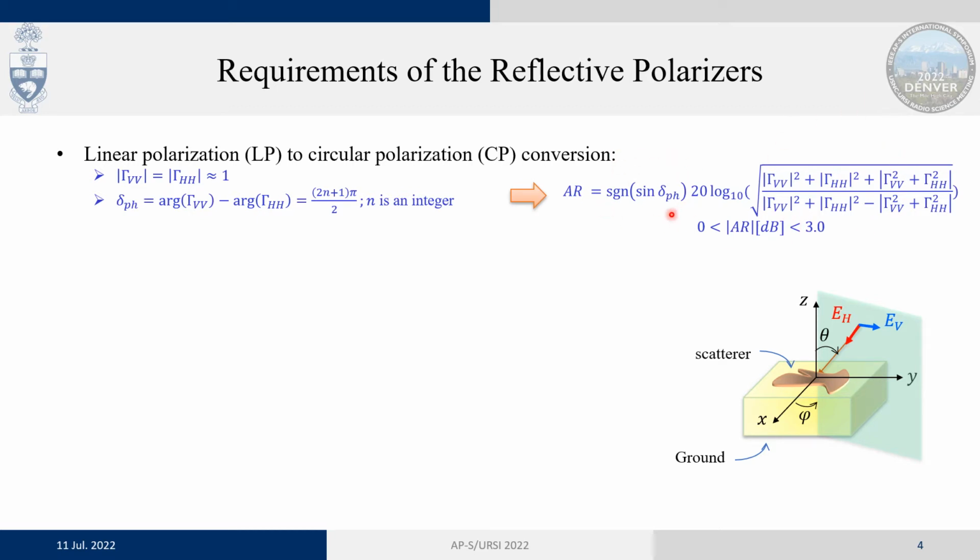The sign of the axial ratio in dB only represents the handedness of the circularly polarized wave that is reflected. Ideally, we want the axial ratio to be less than 3 dB.